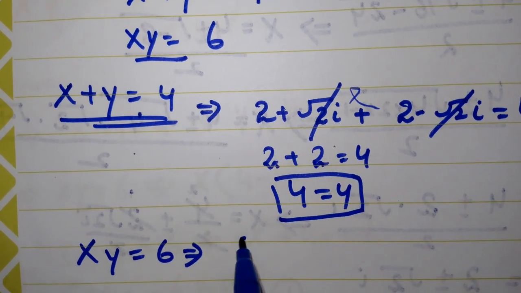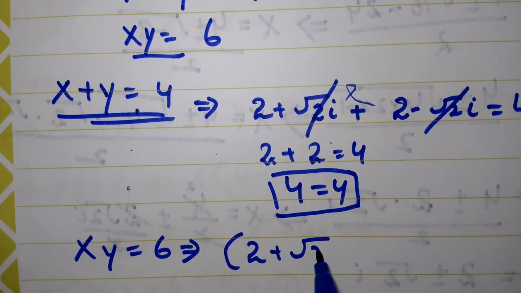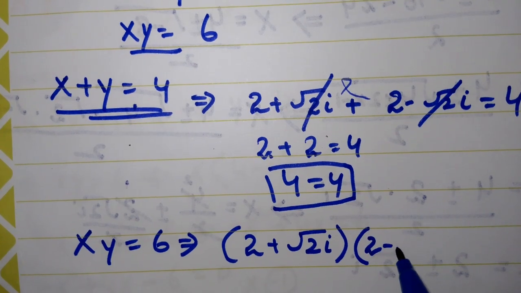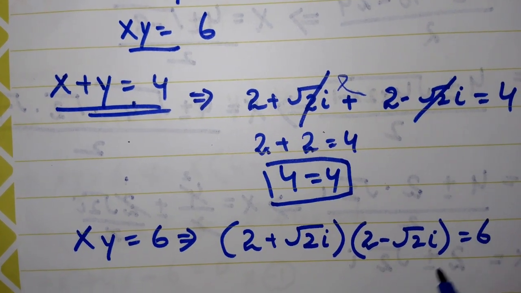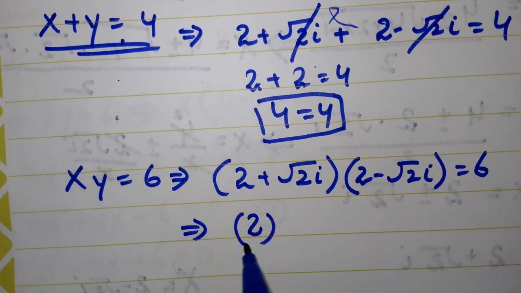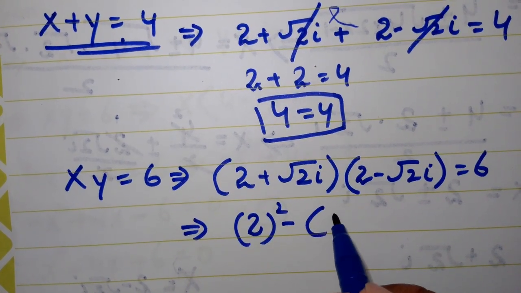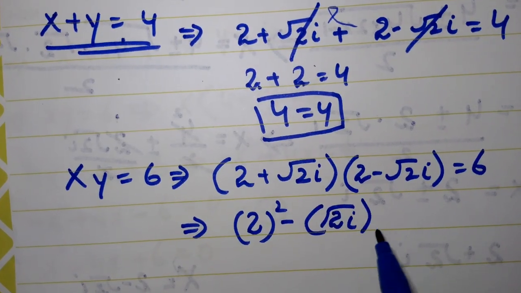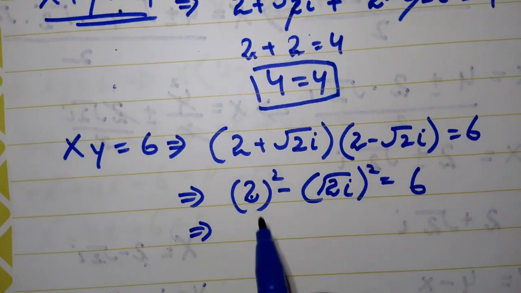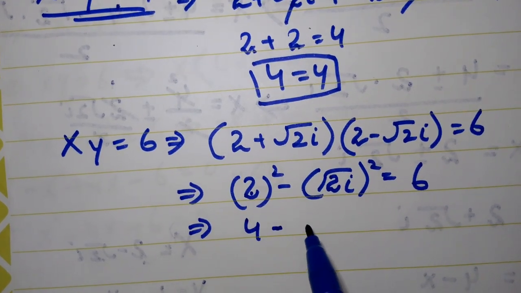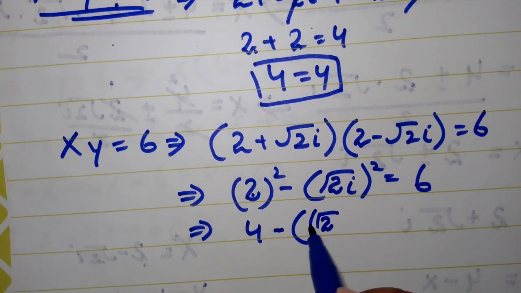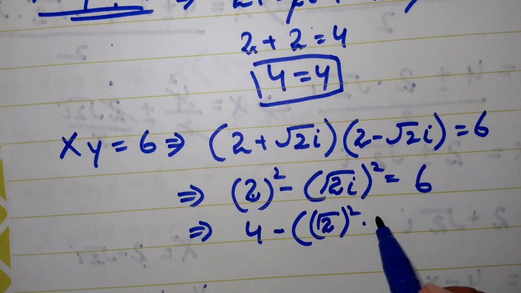So x is 2 plus square root of 2i into 2 minus square root of 2i is equal to 6. 2 square minus square root of 2i square is equal to 6. 2 multiply 2, this will become 4 minus square root of 2 square multiply i square.